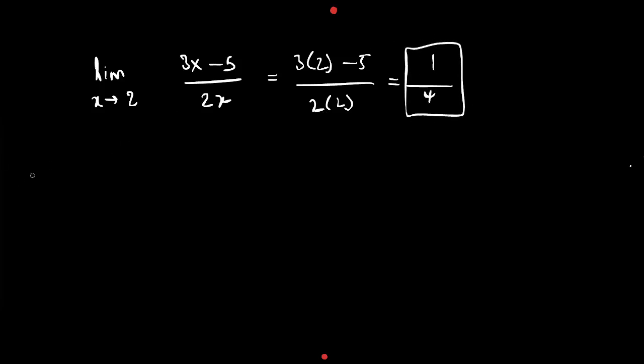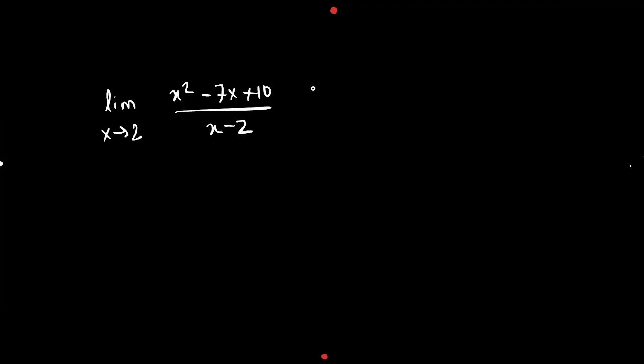But in some cases, if we try to find a limit, we get an indeterminate form. If you can remember, back when we were doing limits, for example, if we have the limit as x approaches 2 of x squared minus 7x plus 10 over x minus 2, and we try direct substitution, we get 2 squared minus 7 times 2 plus 10 over 2 minus 2.